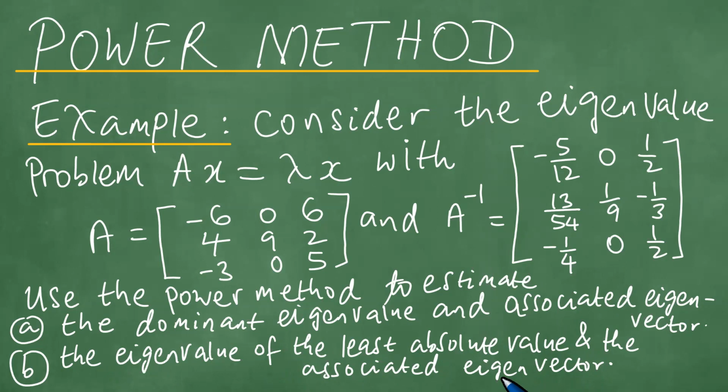Either two eigenvalues are the same or they're different. If they have different magnitudes, then we are interested in how we use the power method to estimate the dominant eigenvalue and also to estimate the smallest in terms of magnitude, absolute value. So let us solve this problem.